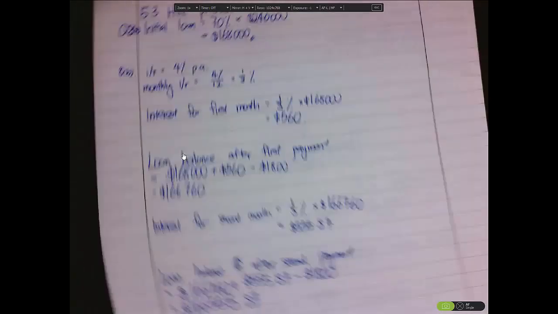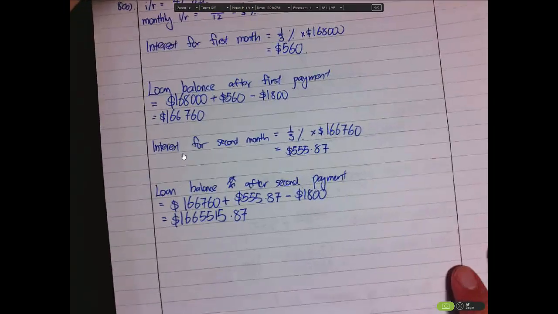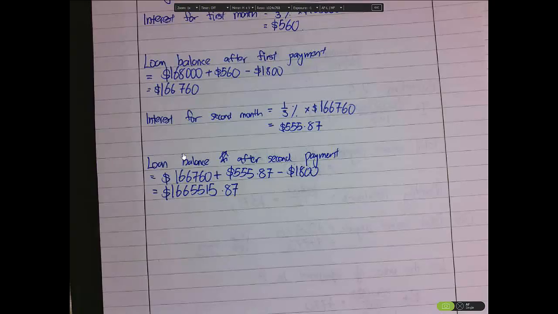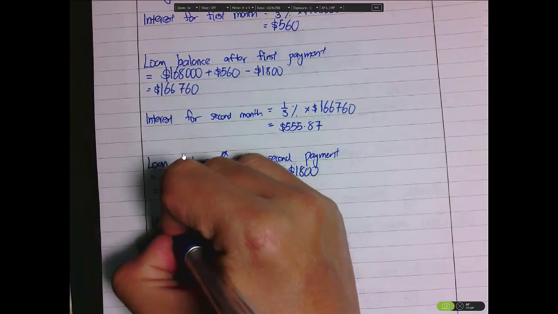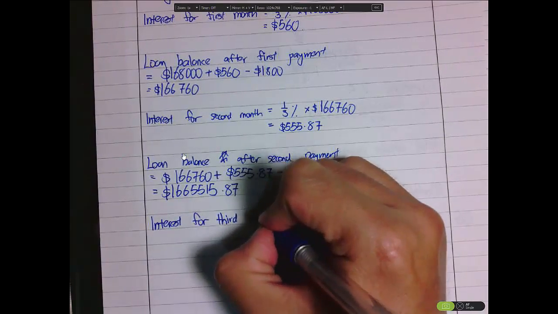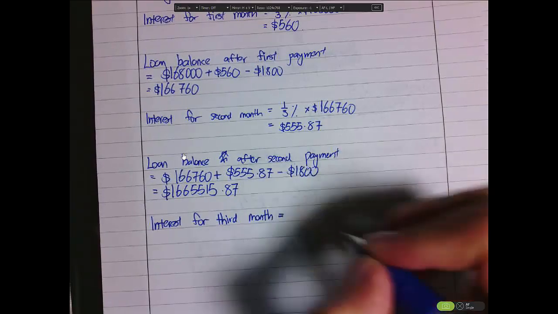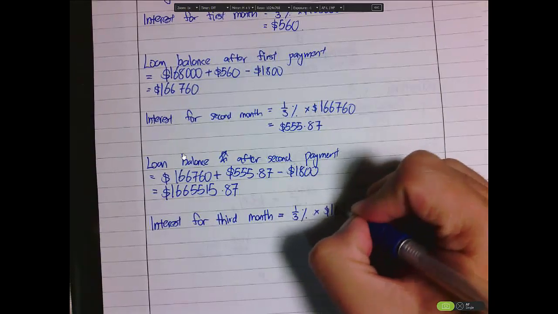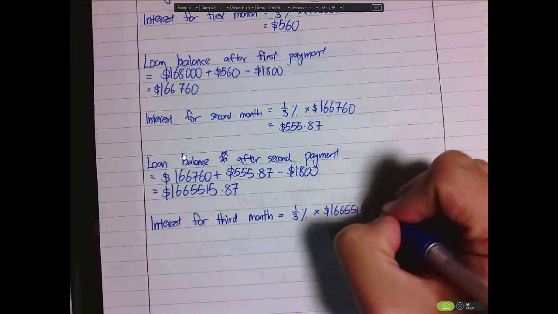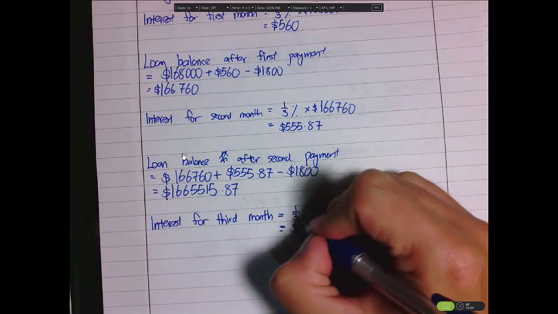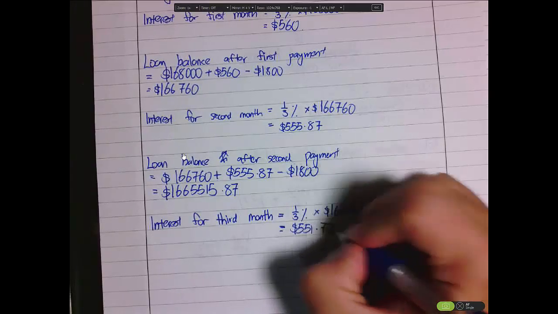Then the next part is the interest for the third month, which is simply 1/3% of this new principal sum, and the interest is 551.72.